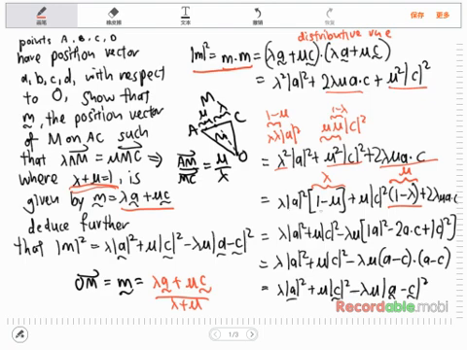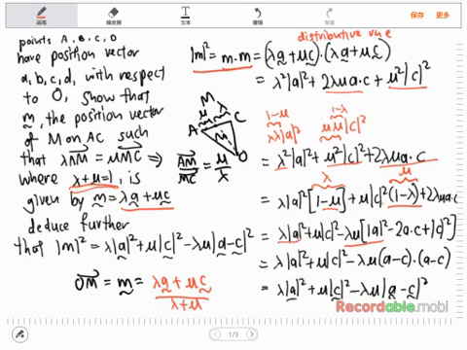After I use the distributive rule again, lambda mod a square minus mu lambda mod a square will be here, right? Then lambda mod a square is here.